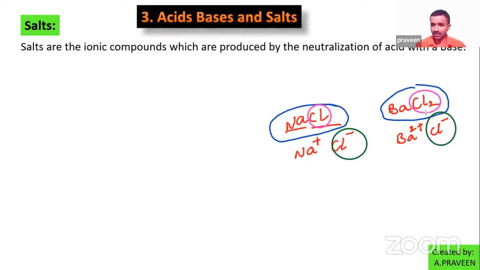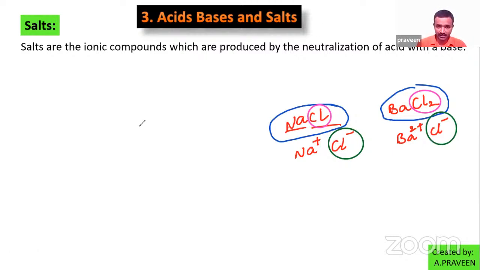So these are said to be in the same family. How are we classifying them? Based on one single common ion or common atom. It may be a group of atoms also.